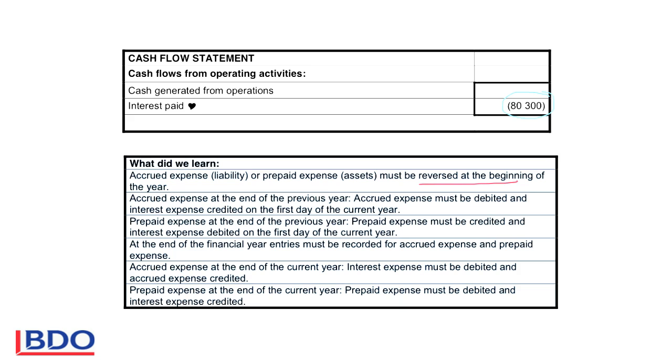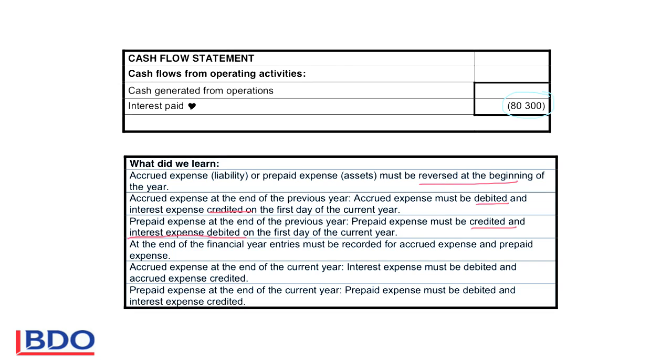Therefore, you will debit accrued expense to close off the account, and you will credit your interest expense account. Prepaid expense at the end of the previous year was an asset, so it had a debit balance, so you had to credit the prepaid expense account to close it off, and you would debit interest expense for the current year.